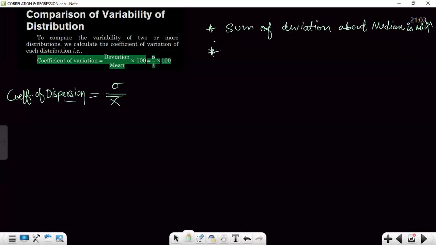Next point, the sum of deviation about mean is 0. And now this time I'm not going to write it again and again.